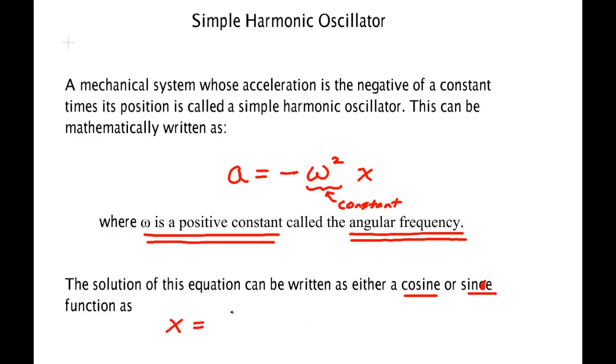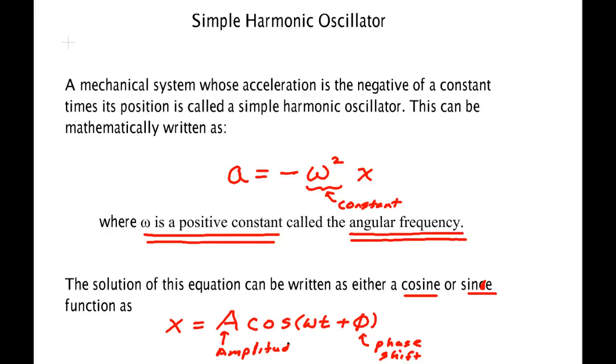x is equal to some number called A, which we'll talk about in a minute, times the cosine of omega t plus some additional angle. This is called a phase shift. And this number A is called the amplitude.